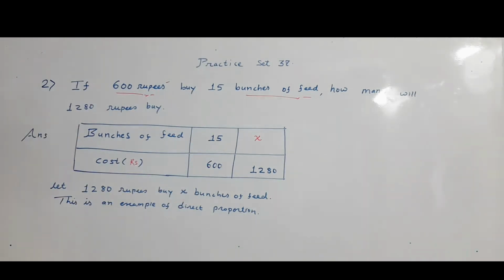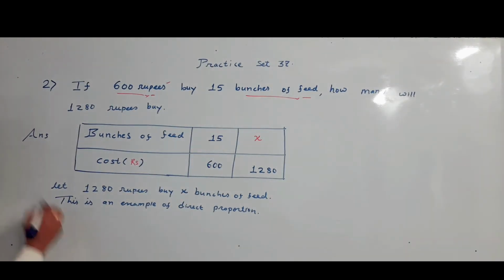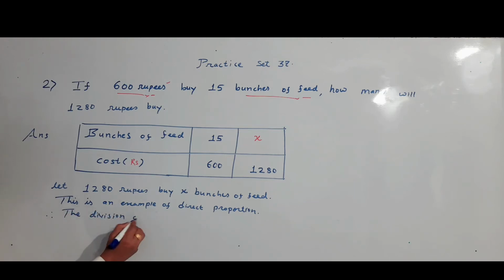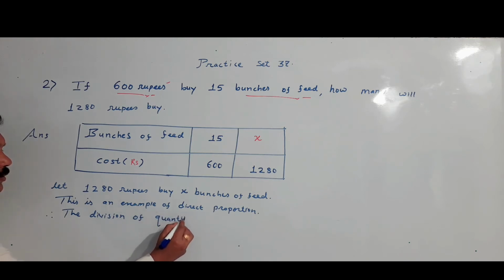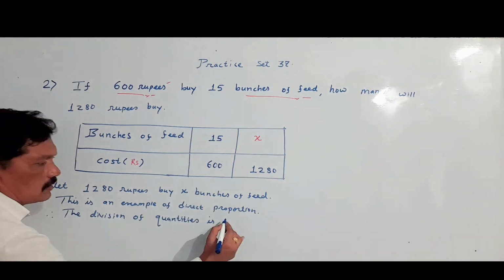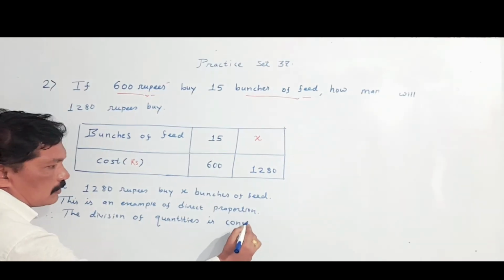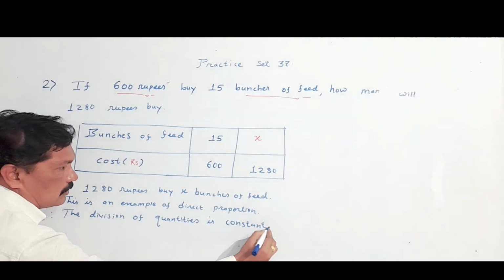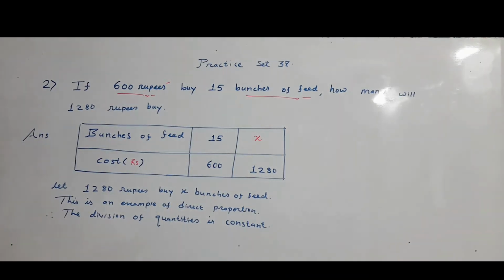As this is an example of direct proportion, we can write therefore the division of quantity is constant. Now we can write ratio and equation.